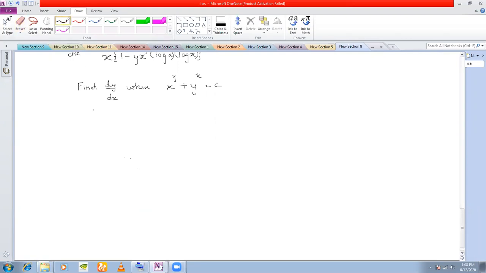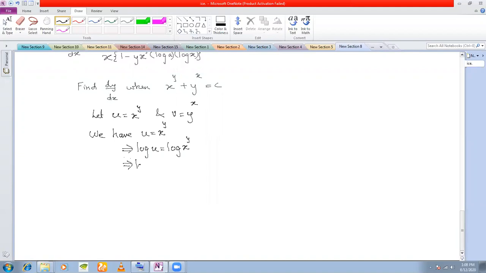You start by saying let u is equal to x to the power of y, and v is equal to y to the power of x. Okay. Now we have u is equal to x to the power of y. Take log on both sides. Log u is equal to log x to the power of y.